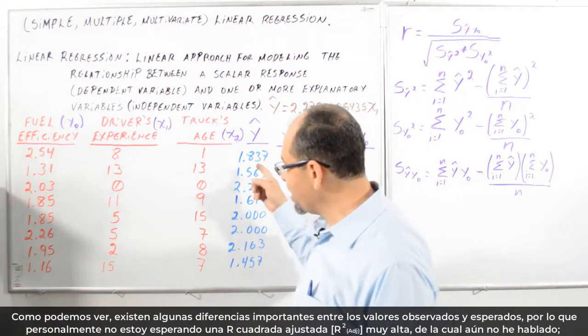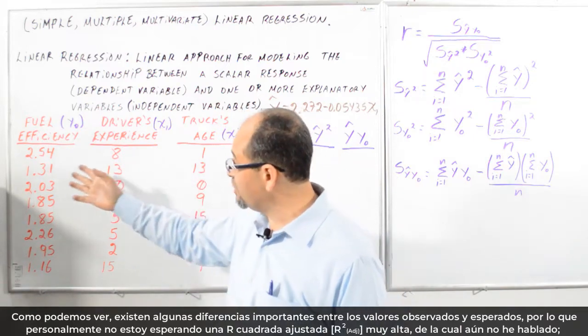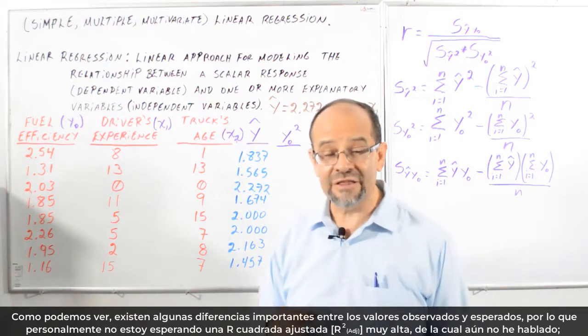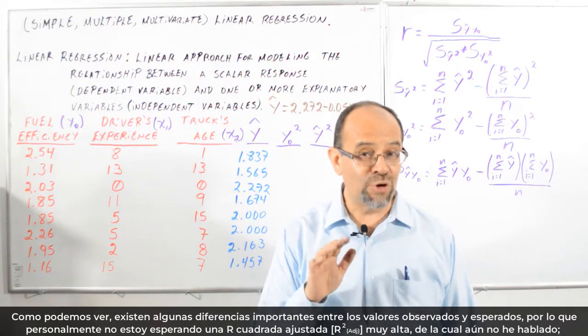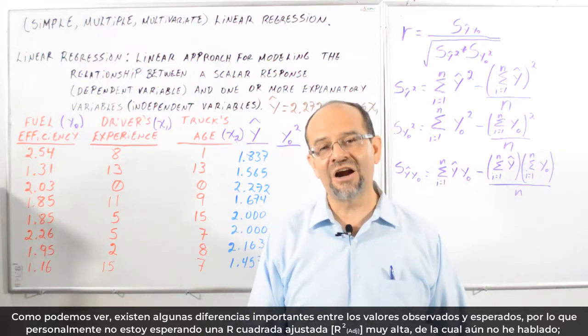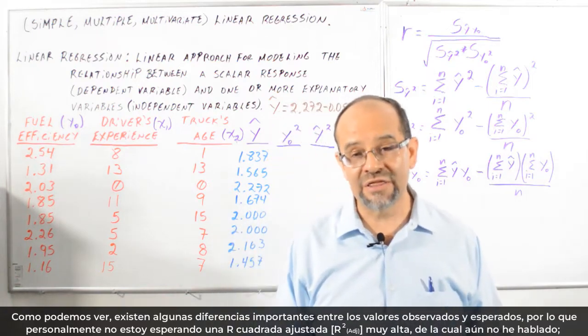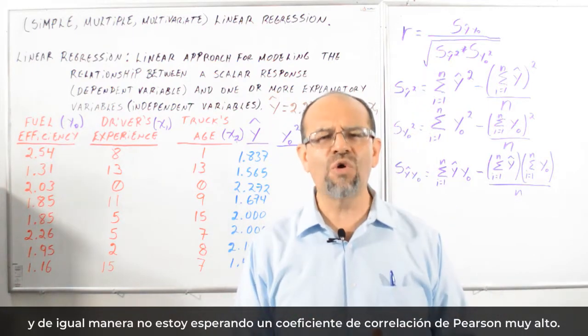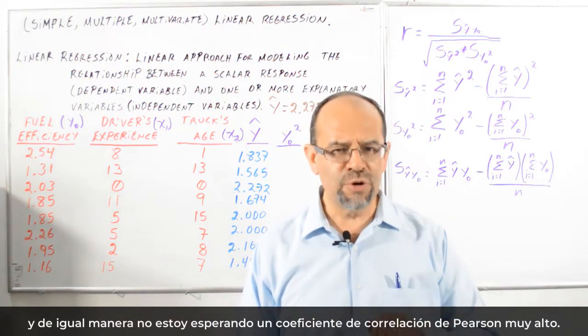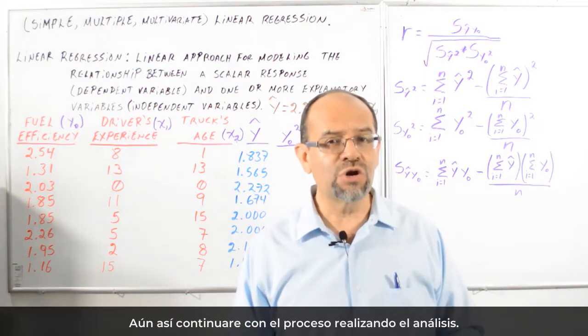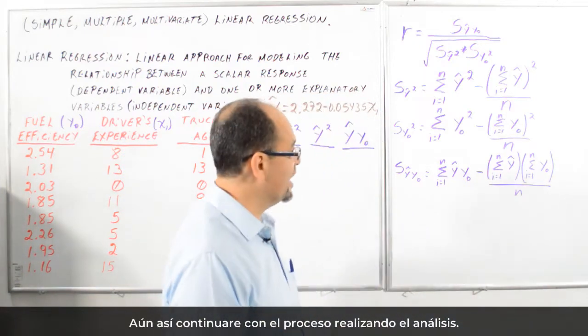As we can see here, there are some differences between the observed and the expected. So personally, I'm not expecting a very high R square adjusted, which I haven't talked about yet, or a high Pearson coefficient of correlation. Still, I will continue with the analysis.